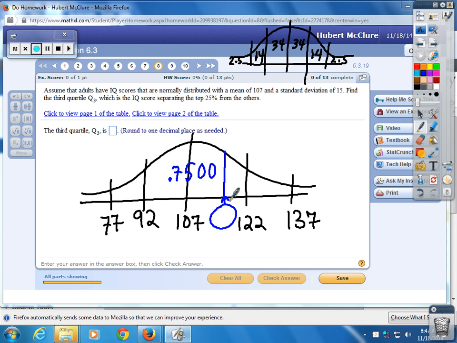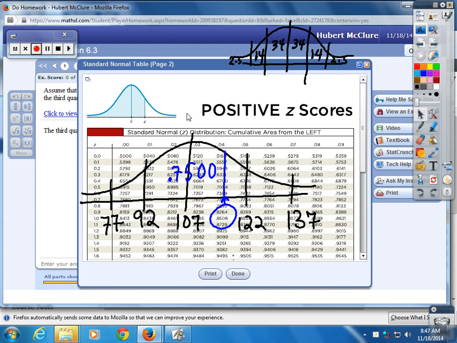So we pull up our handy dandy table 2 and find 0.7500. 0.7500 is between 0.7486, that's 0.67, and 0.7517, which is 0.68. So the closest one is 0.67. Is that what y'all got?